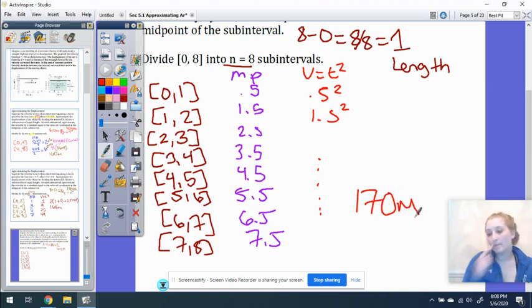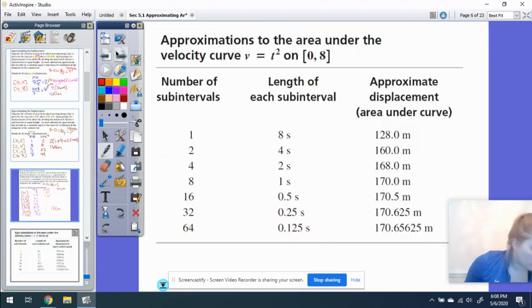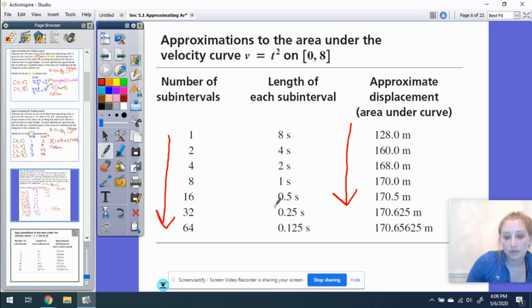Okay, so you probably noticed something a little bit unique that's happening, and this might remind you of when we worked with limits. The greater the subintervals, the closer this gets to approaching the limit.